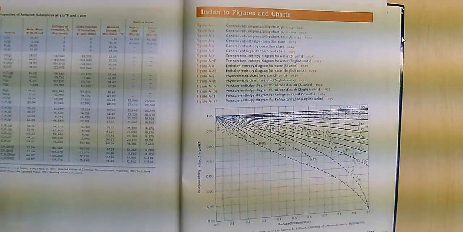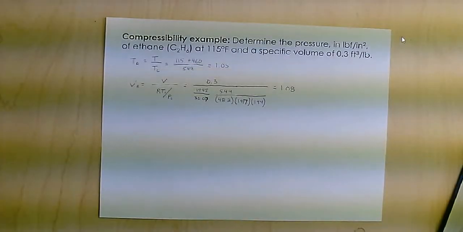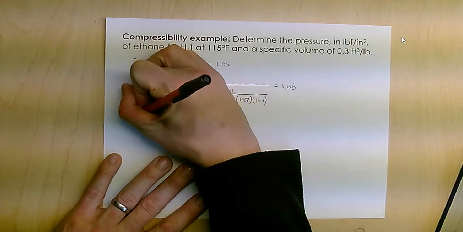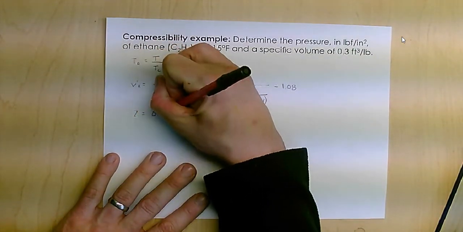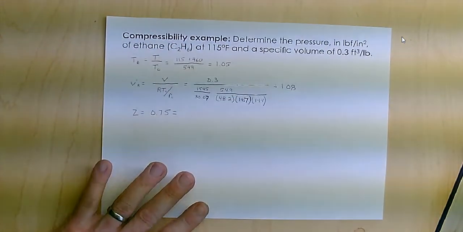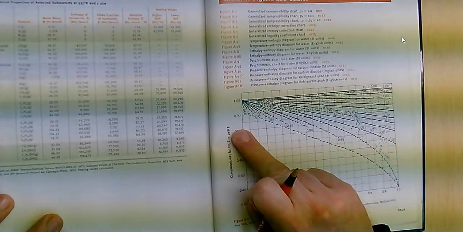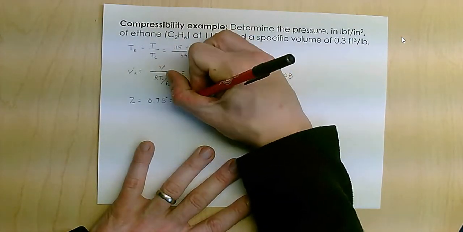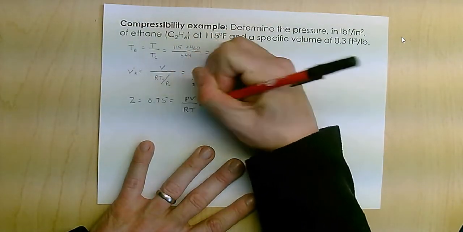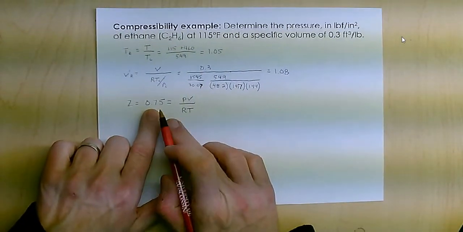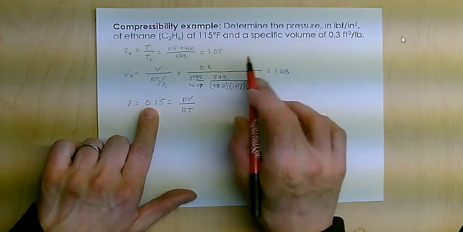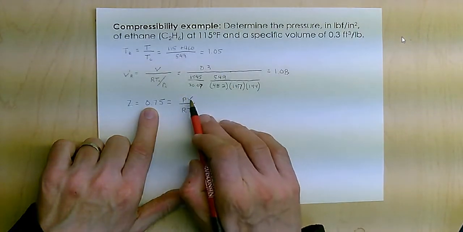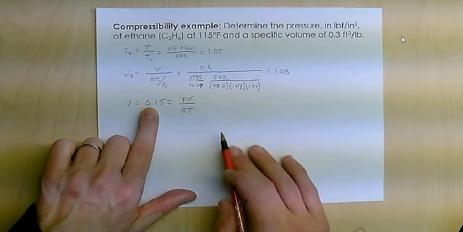So I'm going to use that, remembering that my Z is PV over RT. Now knowing that Z is 0.75, I know my volume, I know my temperature, I can now calculate my pressure at this point.